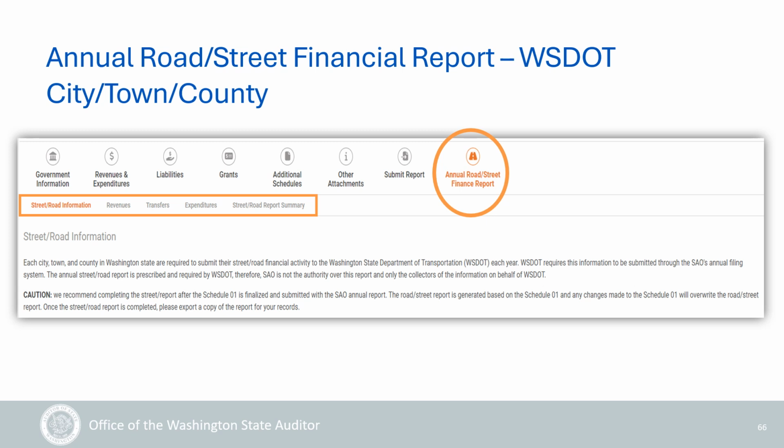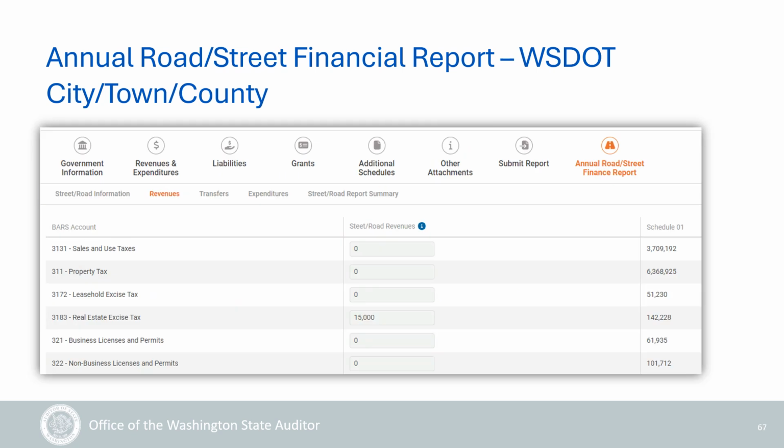You are now able to come back and complete this module without unlocking your report. It is still generated based on the Schedule 01 data, but if edits aren't needed to the 01, then there's no need to unlock the report just to complete the Road Street Report.